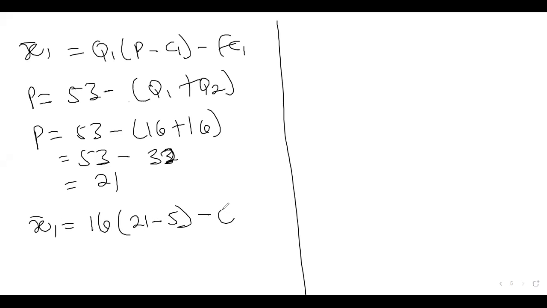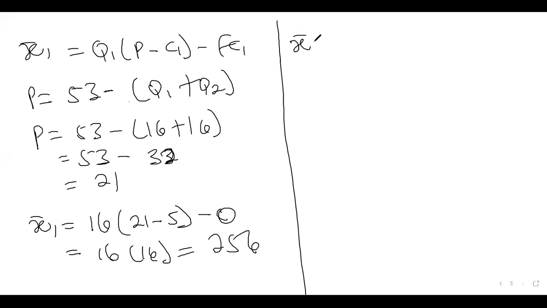So we will now have 16, and 21 minus 5 is also 16. So 16 times 16 will give us our final answer, and that final answer will be 256.